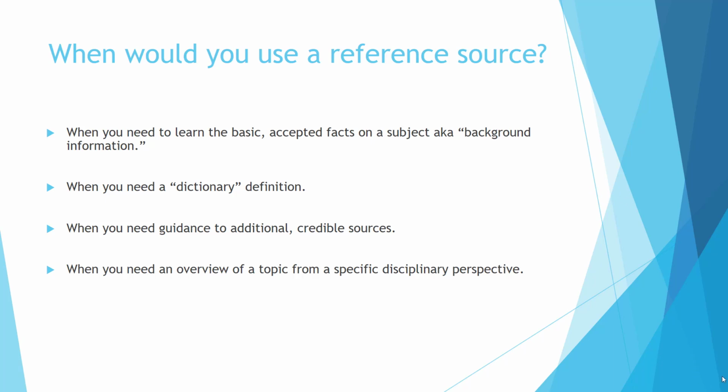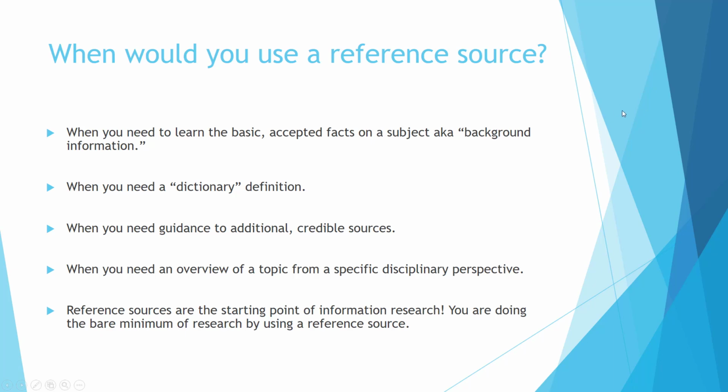So an article on wildfires in the Encyclopedia of Economics will probably look quite a bit different from an article on wildfires in the Encyclopedia of Ecology, because they're using different tools and methods and theories to analyze and approach that topic.